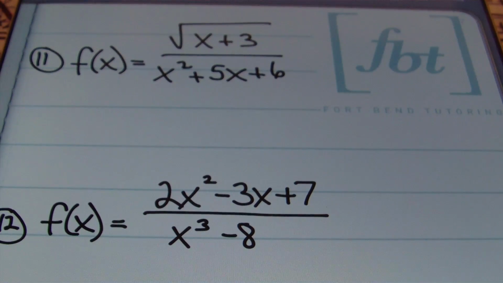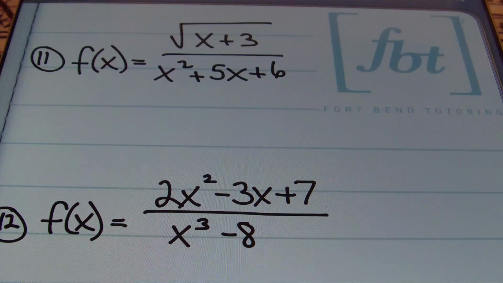Next up, problem number 11. We have f of x equals the square root of x plus 3, divided by x squared plus 5x plus 6. Here in this problem, you have multiple domain restrictions. Not only do I need to be concerned about the square root sign because I can't take the square root of a negative number, I also cannot have 0 in the denominator of this fraction.